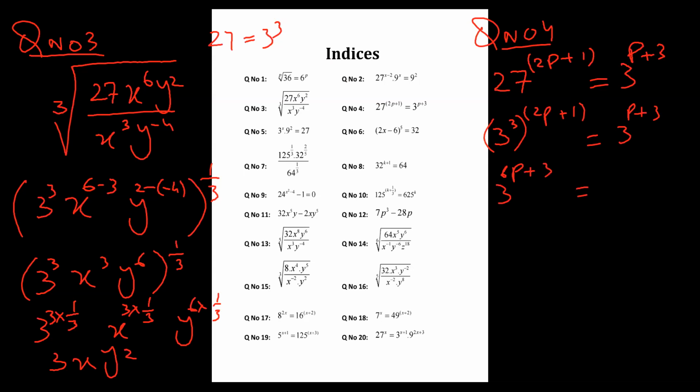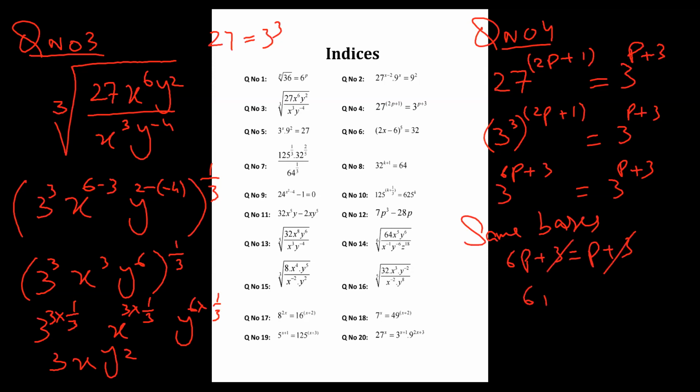And now I can say same basis, same basis. And now I can leave basis 3, 3 cancel, take powers. This 3, 3 cancel, and 6p equal to p. P come on this side, 6p minus p. So 5p equal to 0. This 5 divide there. So 0 by 5 is 0.